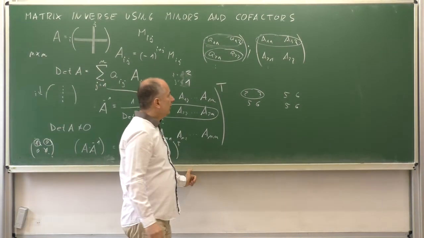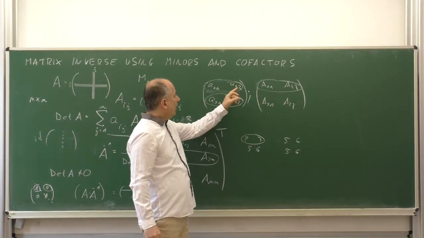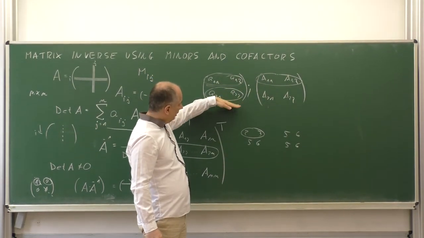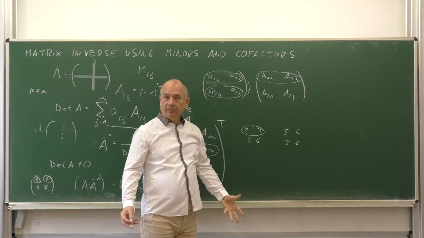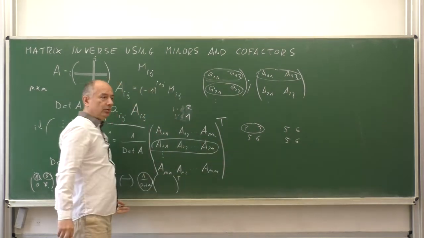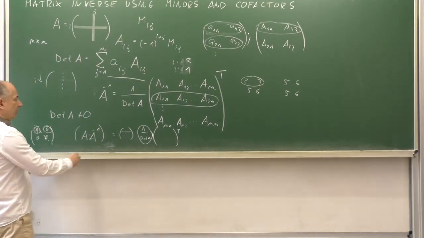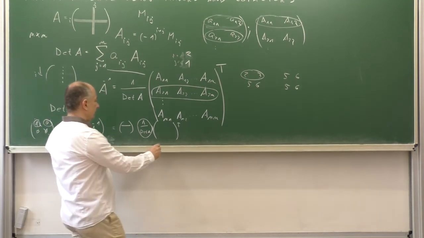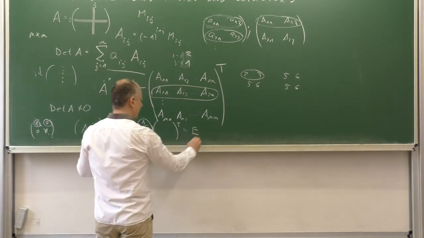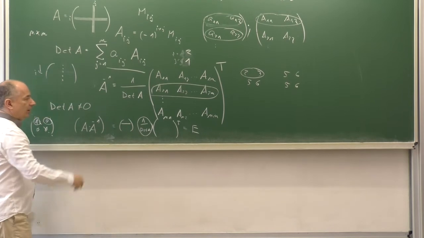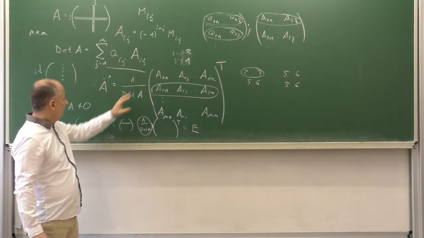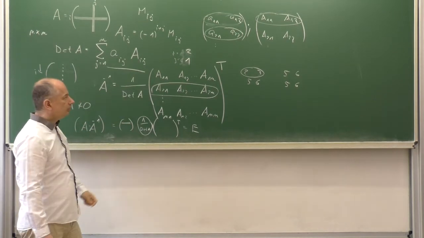And this is true in each case when the number of row here and the number of row here differ. So this completes the proof that this way we get indeed the identity matrix. So this way we see that this is indeed the inverse of A.